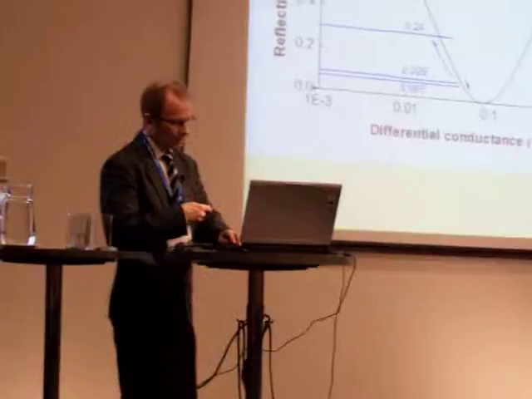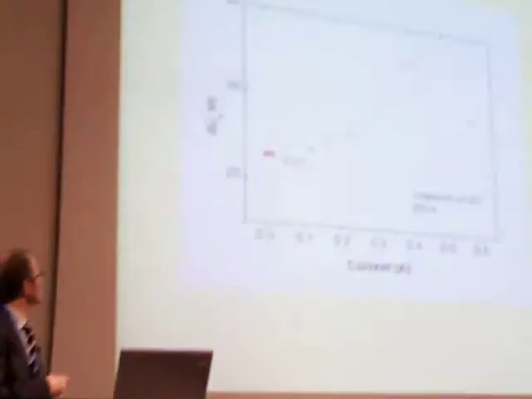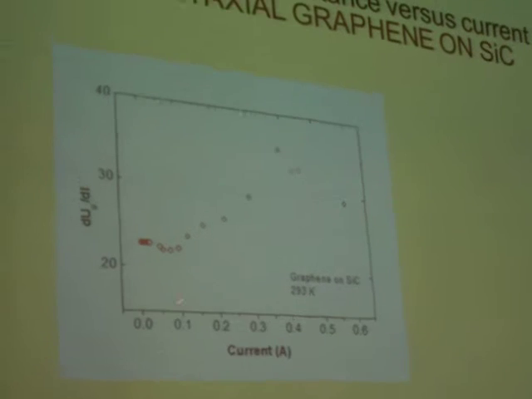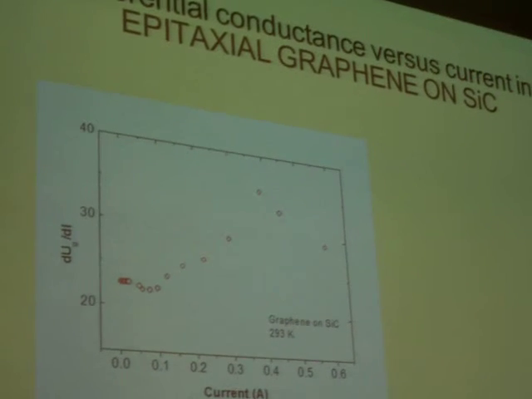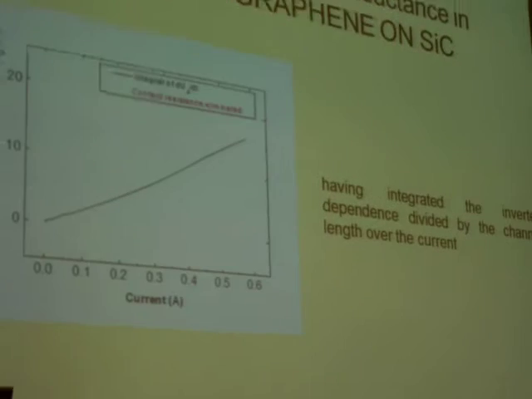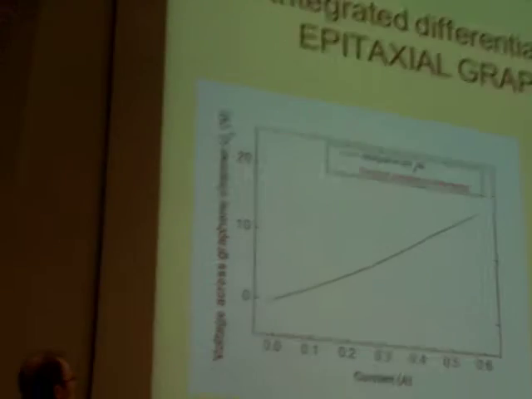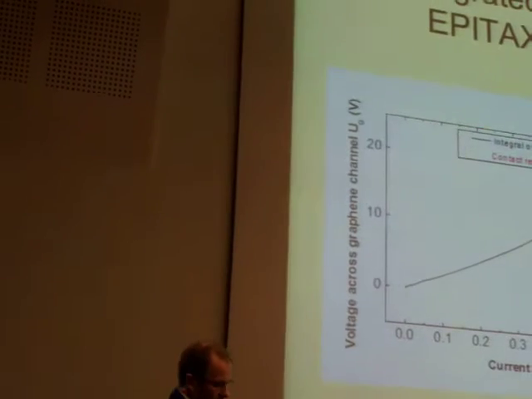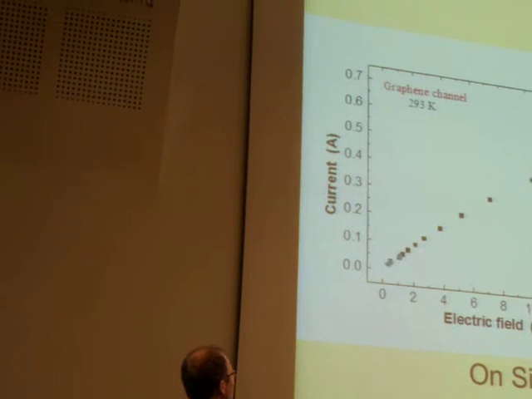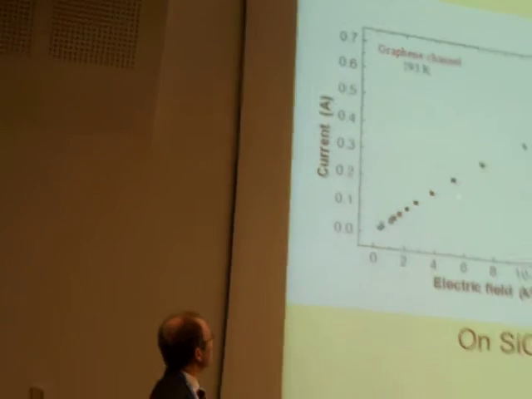So from these two figures, we obtain the differential conductance dependence on the current, and having integrated the inverted dependence over the current and divided by the channel length, we obtained the current field dependence for the graphene channel.